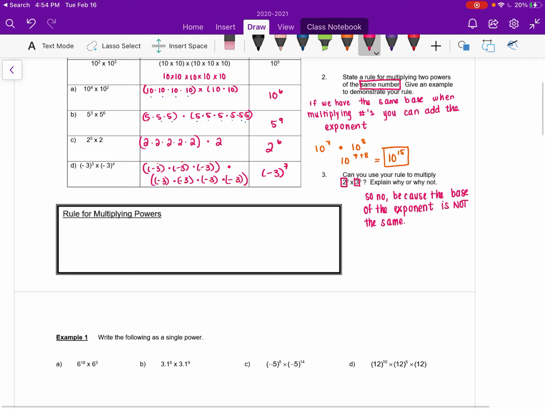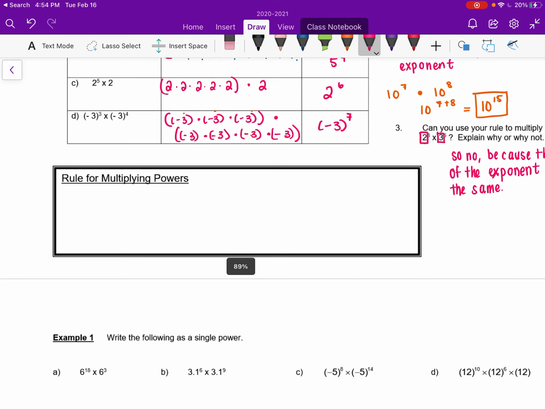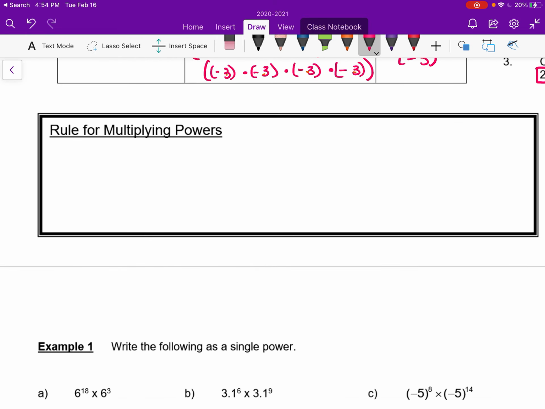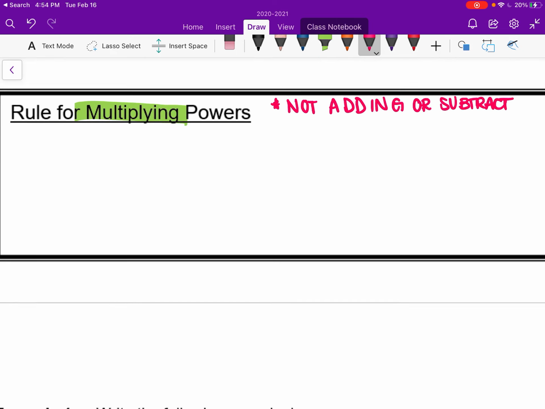Okay? So when you're multiplying powers, and only multiplying, not adding, not subtracting, so be careful, you can add the two exponents together.